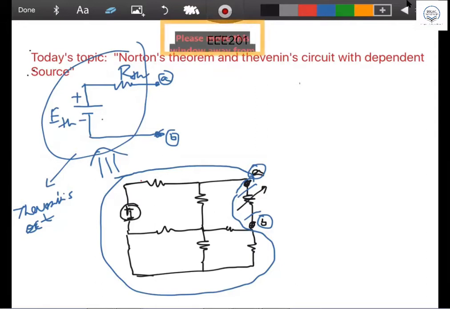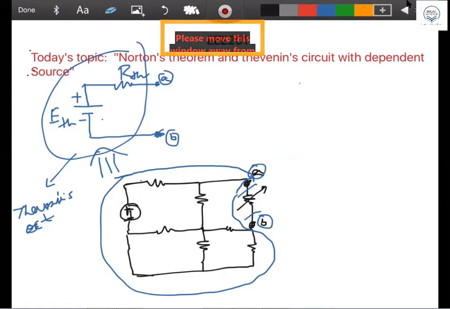Now, this Thevenin equivalent looks like a battery, which is a voltage source. So Mr. Norton thought, why not make a similar equivalent circuit using the current source? And he did it.